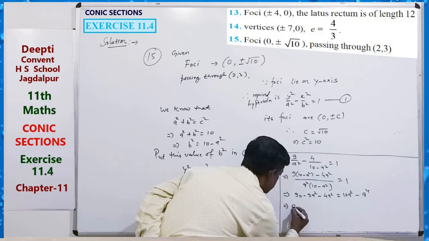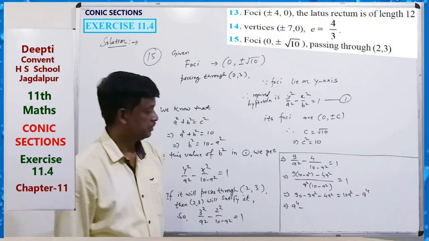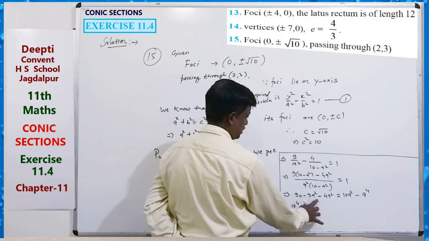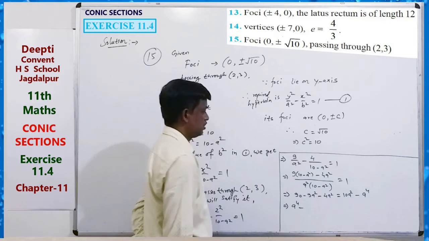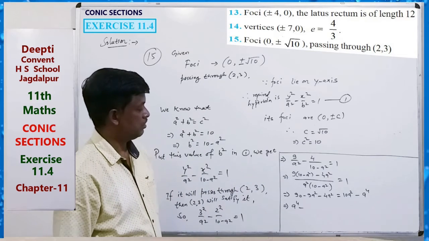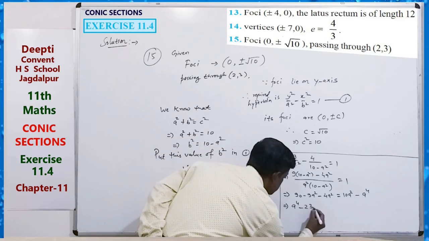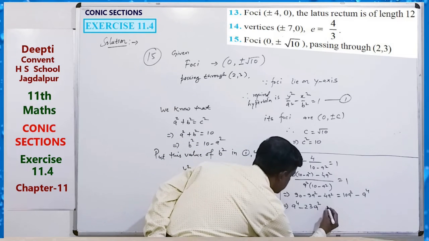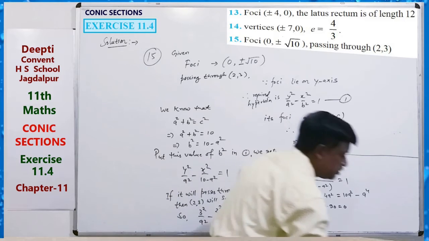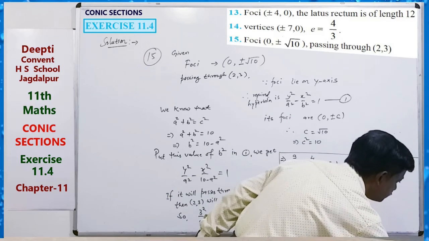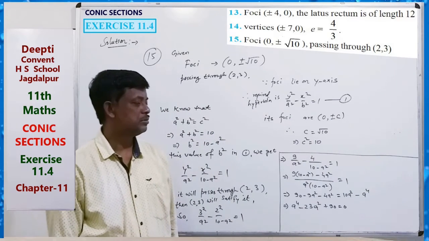So we transfer a power 4 to the left hand side, and 10 comes to the left hand side, 9 and 4 is 13, 23 a square plus 90 equals 0. So we are getting the equation a power 4 minus 23 a square plus 90 equals 0.